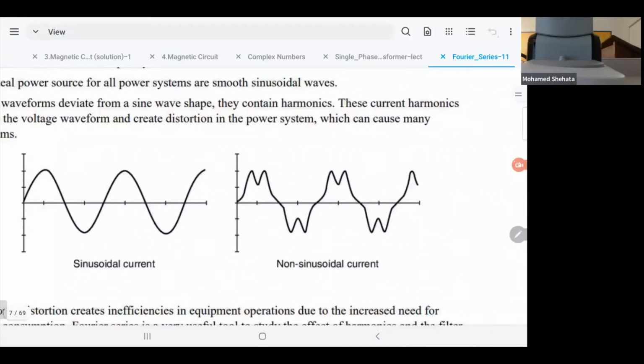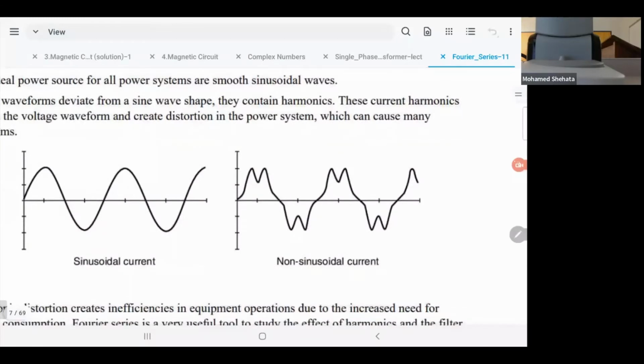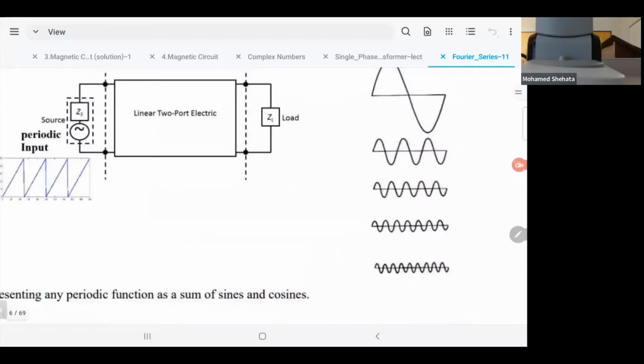When we have not a pure sine wave, this is pure, the one to the left, and the one to the right here is not pure, because it includes harmonics. What does it mean that it includes harmonics? It means if we analyze this one, we are not going to get only this nice, pure, clean fundamental component. No, we are going to get these components, which are called harmonics.